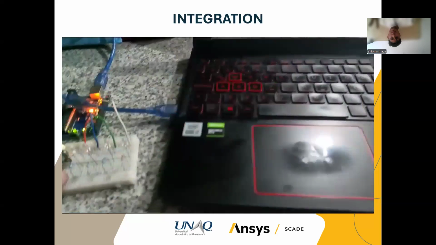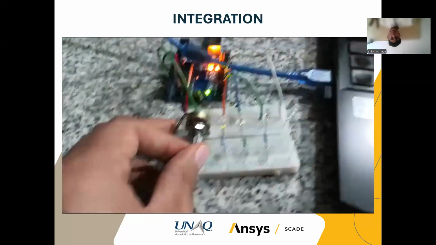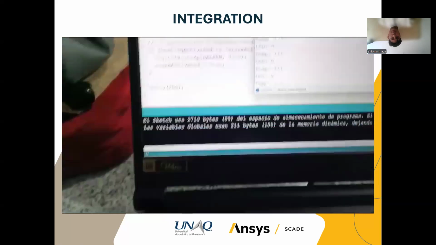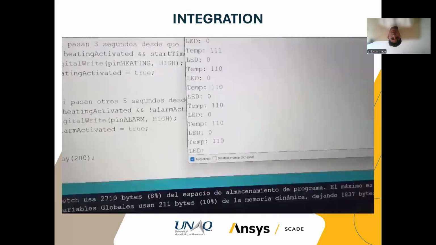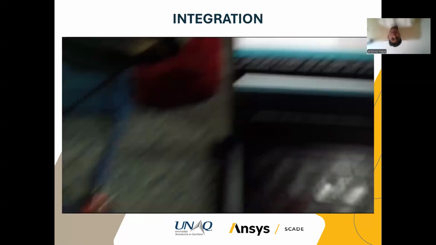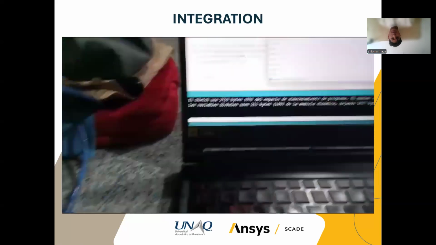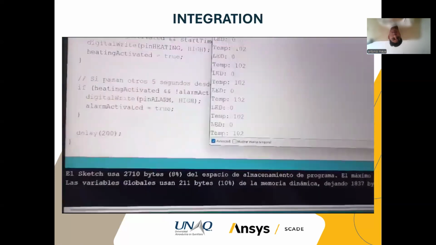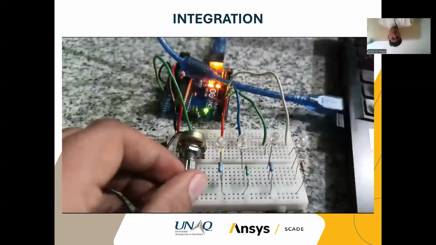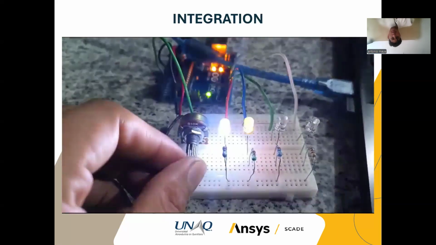Okay, there is going to be 100, exactly 100. A value above 100 is going to turn off the LEDs, and values below are going to turn them on. So there is a value above 100. We know it because they are turned off. So we lower this value and they turn on.